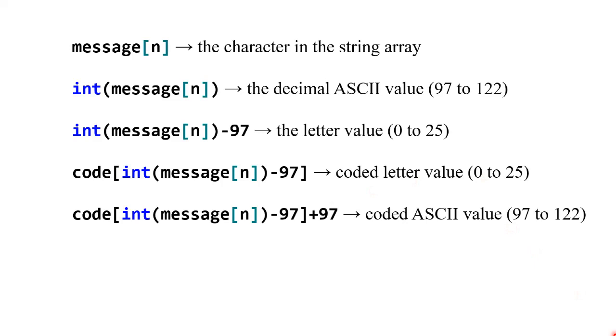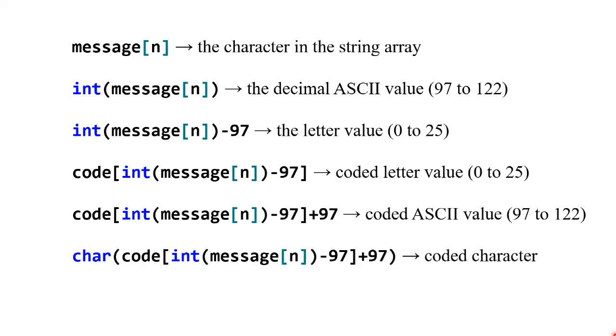Then, before we can change this into an actual character, we have to again add 97 so that it will range between 97 and 122. And taking the ASCII value for the coded letter and using CHAR, the character keyword, as a function, turn that integer number that lies between 97 and 122 into its corresponding code character. And then this code character can be assigned to the proper place in the coded message string.